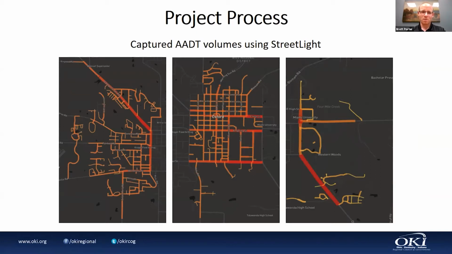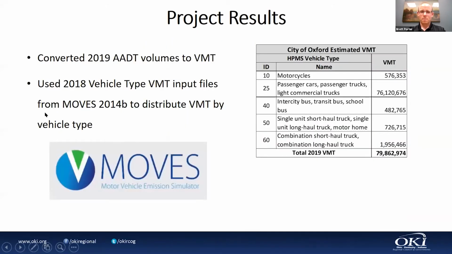It was pretty time consuming to select every single roadway, but this is what it ends up looking like. I was able to gather that data, which was then exported into Excel. And then I was able to do the next step, which was a little tougher: converting it to VMT and then converting it to VMT by vehicle type.